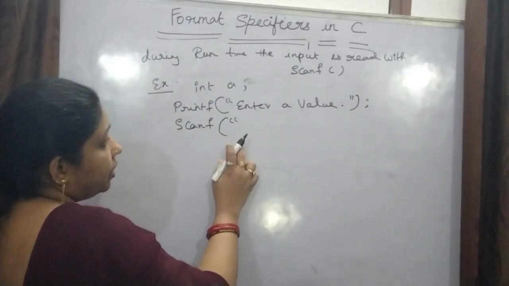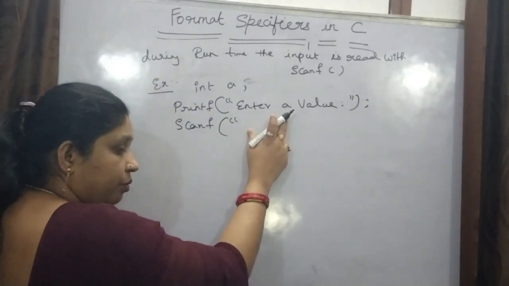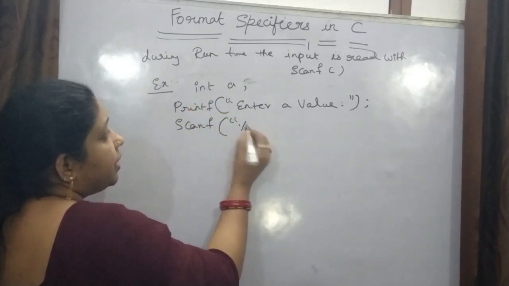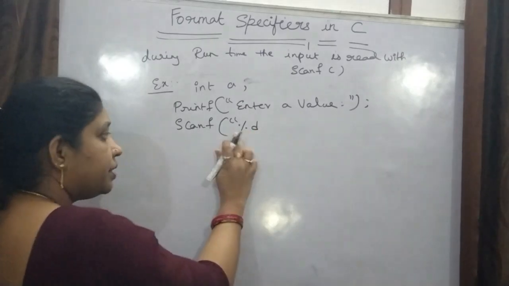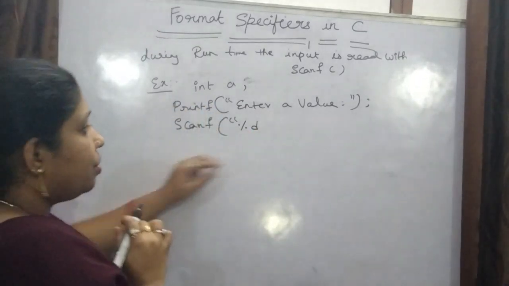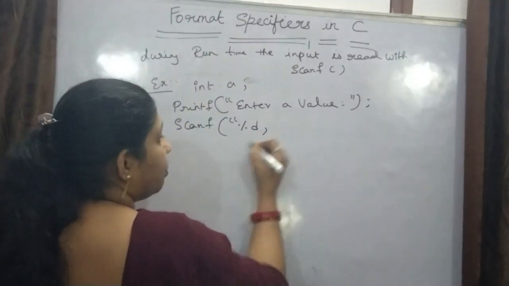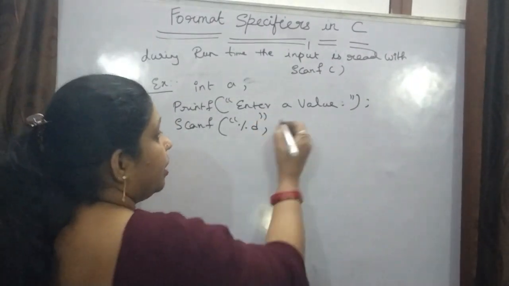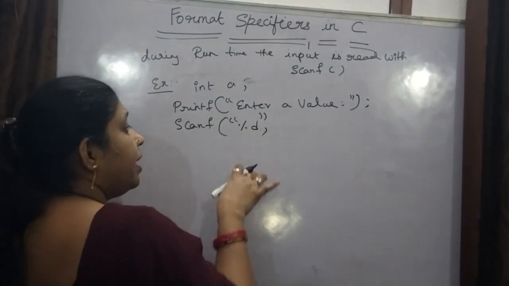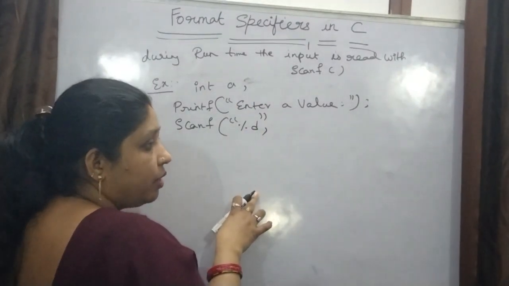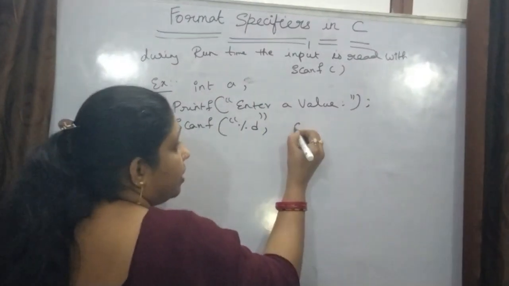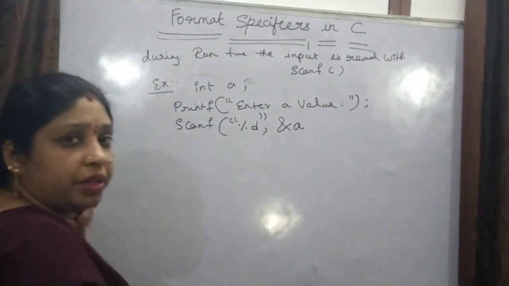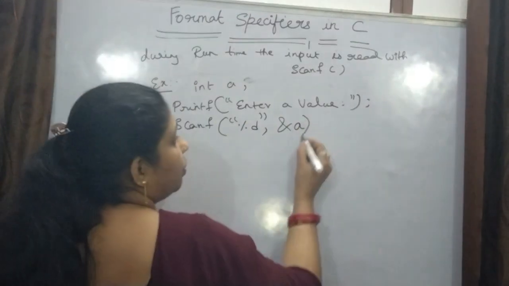So when you are asking to enter an integer value, you have to go with %d for integer. So after this, comma, close the double quotes, then to which variable does this value have to go? To A. Before A you have to write this ampersand symbol, then close it.